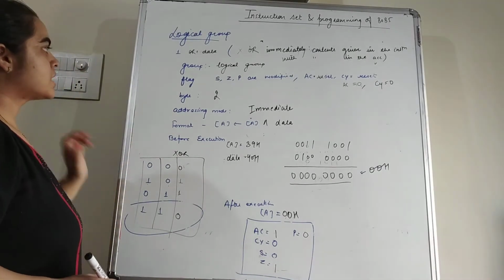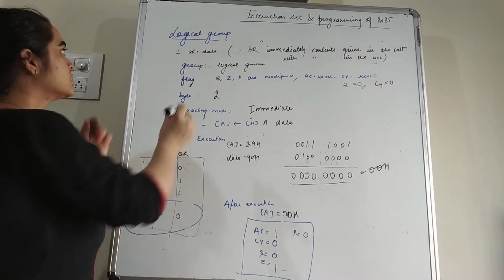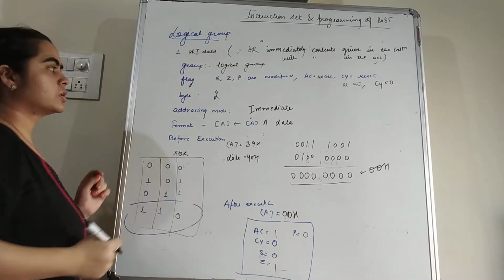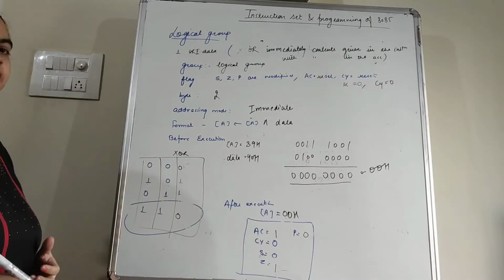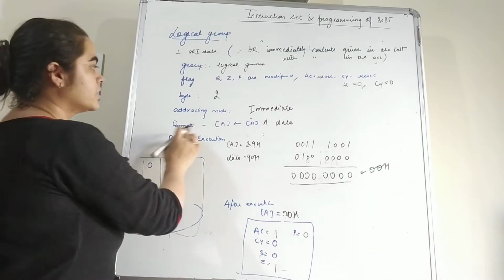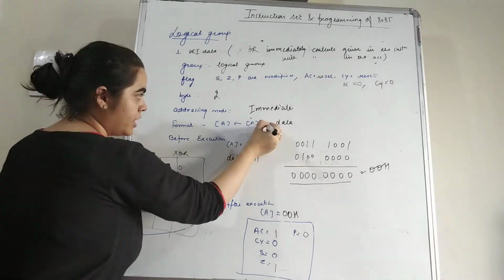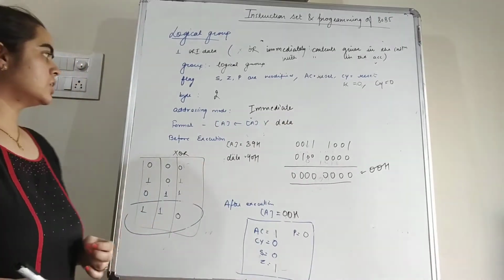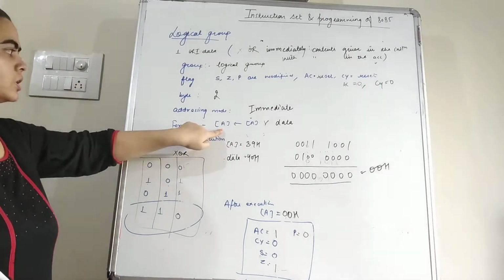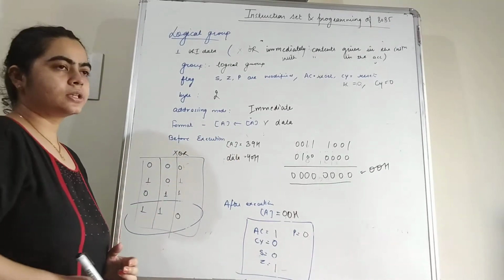How many bytes are used? 2 bytes. One is for this instruction and second is to store the data. Addressing mode is immediate because the data is given in the instruction. Format is contents of A are ORed with the contents present in the instruction, and the result is stored in the accumulator.